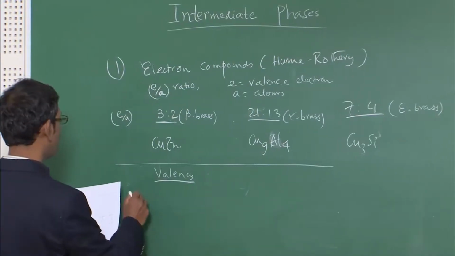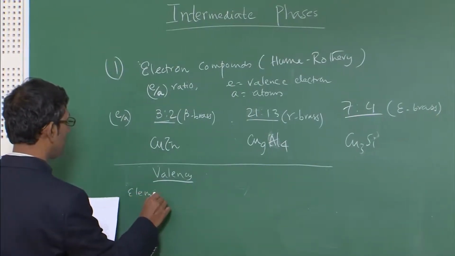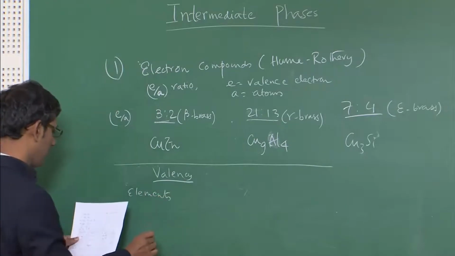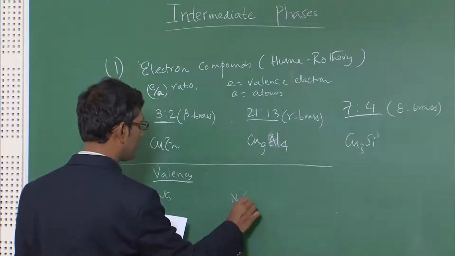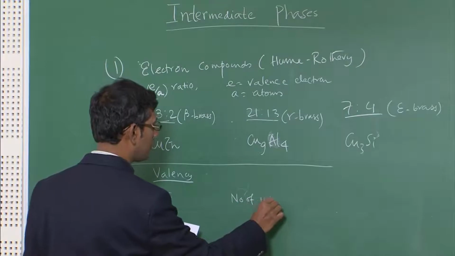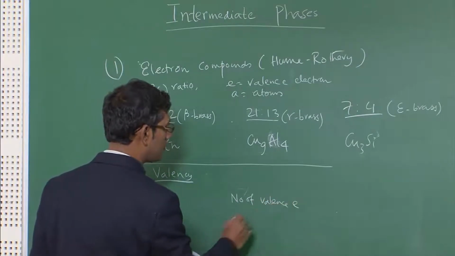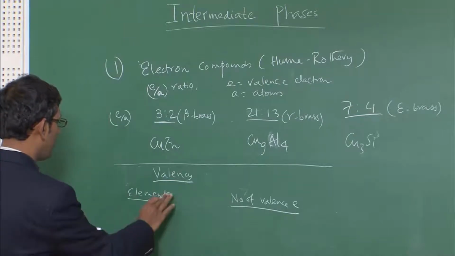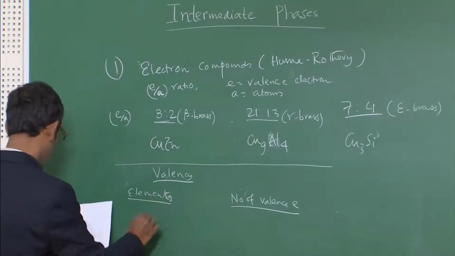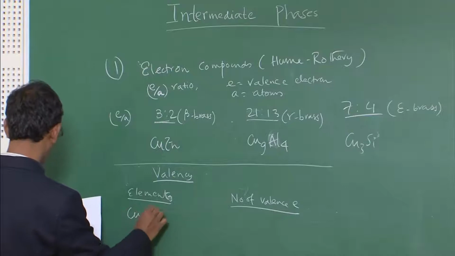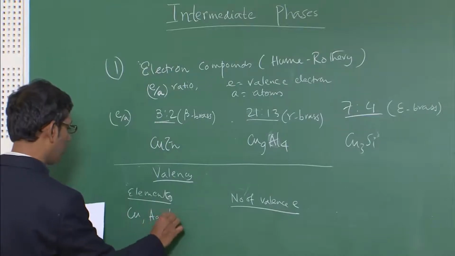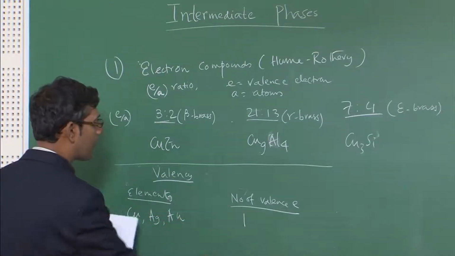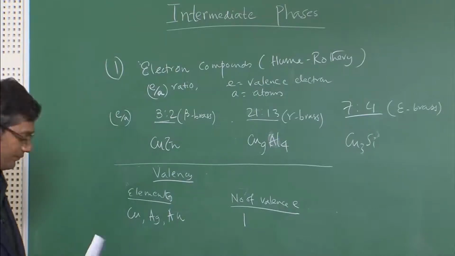So, let us list elements and number of valence electrons. For copper, silver and gold, the number of valence electrons we consider to be 1.